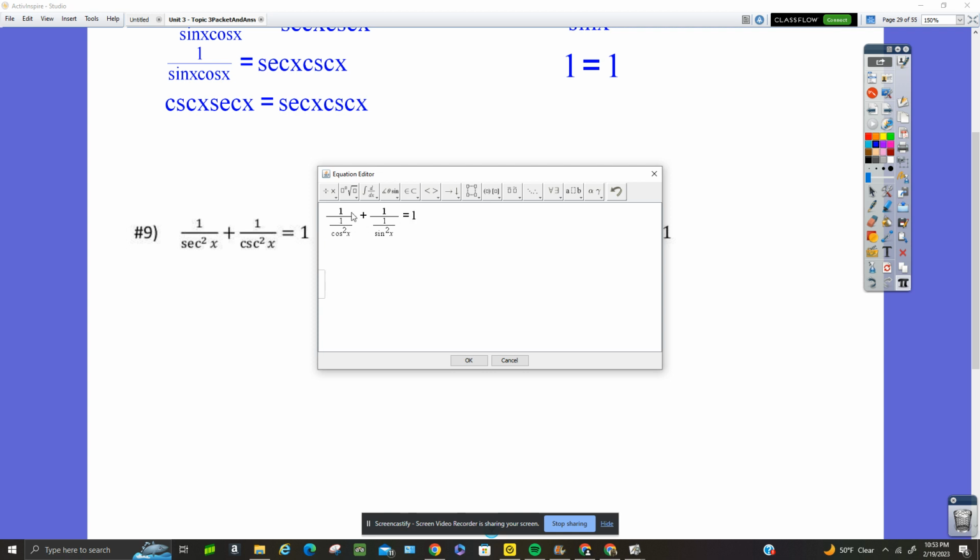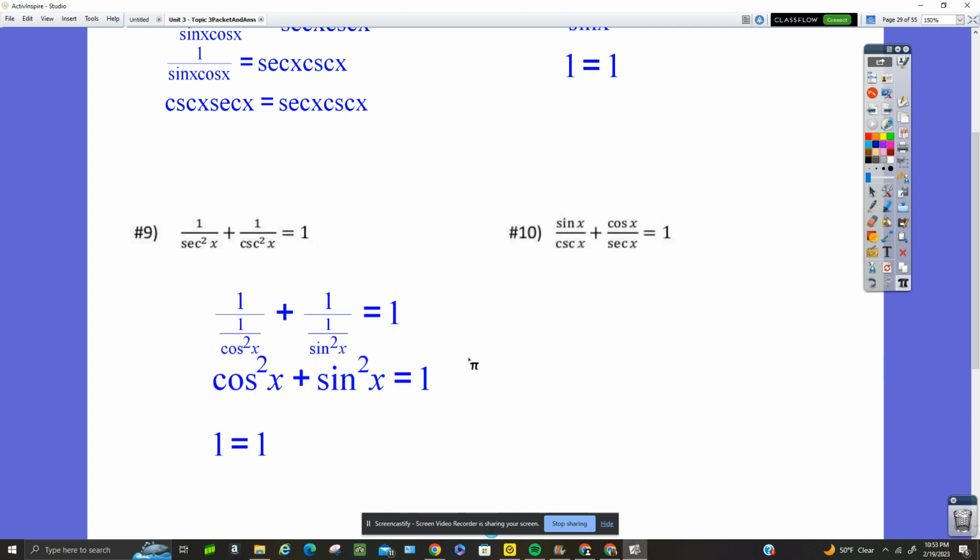Alright, so if you multiply the right reciprocal there, you have cosine squared plus sine squared. One equal 1.